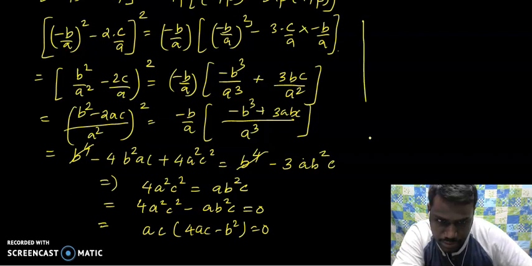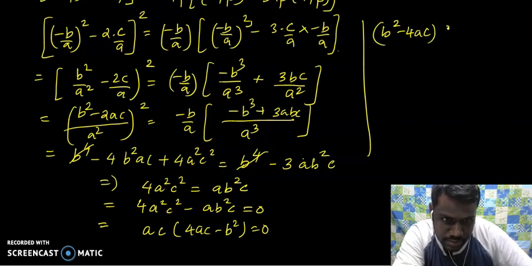That can be written as b squared minus 4ac times ac is equal to 0. Now b squared minus 4ac is delta, so ac delta is equal to 0.